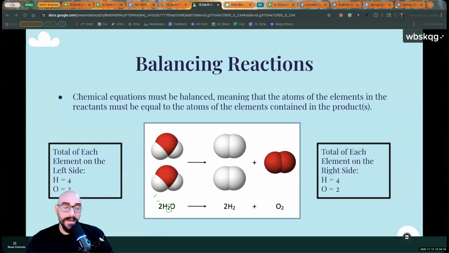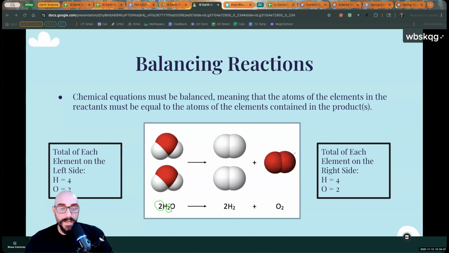And we have two water molecules. So two times two is four. That means we have four hydrogen atoms on the left. We also have one oxygen atom per every water molecule, and we've got two water molecules.